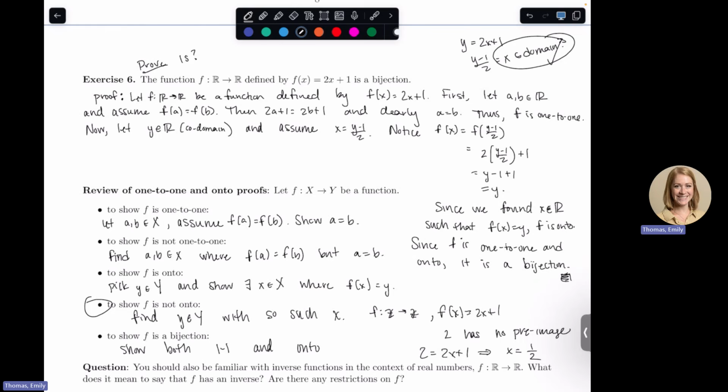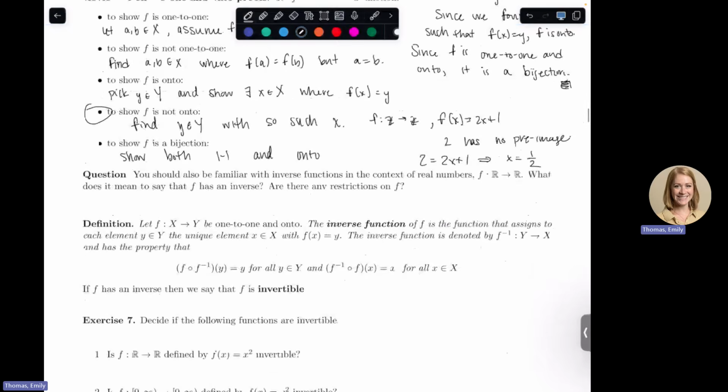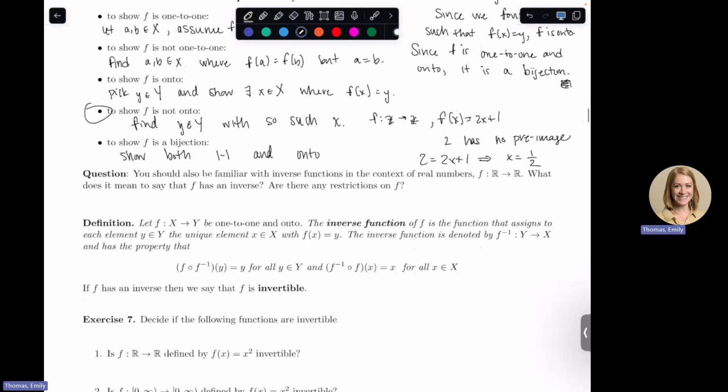Do you guys have any questions about 7.1 or 7.2? No? The very end of this is about being invertible. For functions to be invertible, they have to be 1-to-1 and onto.